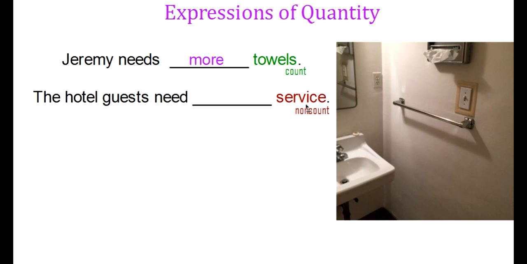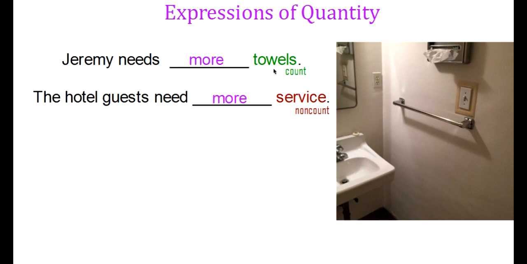The service in the hotel is not really good. So the hotel guests need more service. With the word more, we can use it with a count or a non-count noun. We can use it for both.